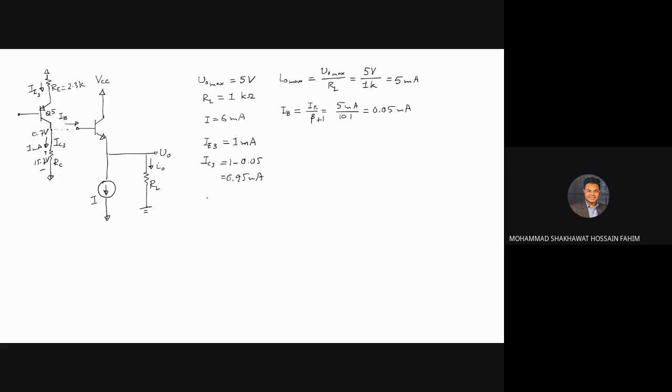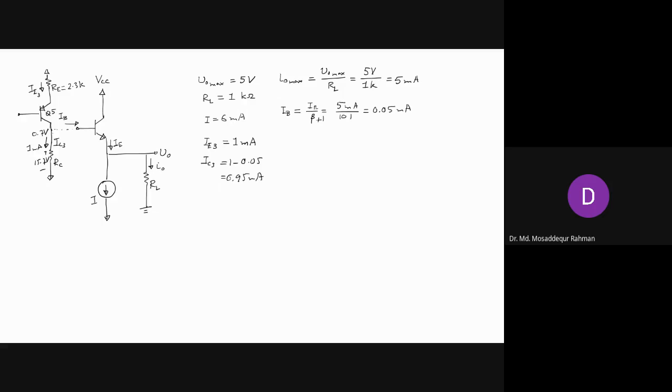Yes, sir. Sir, how is IE 5 milliampere? Sir, the previous IE, how is it 5 milliampere? 5 milliampere, this is this one here, no? Yes, sir. That's IE, because you need to supply a current. Load current, maximum value of load current is 5 milliampere. Oh, it has to be 6, no?